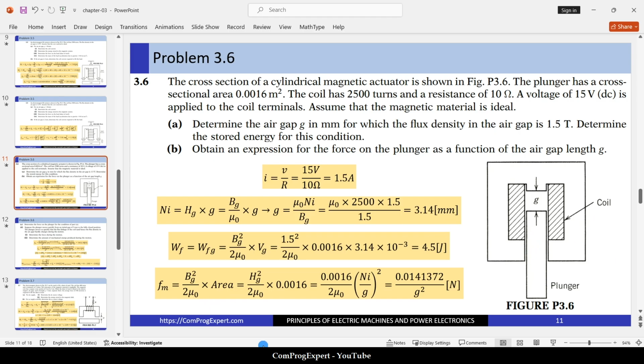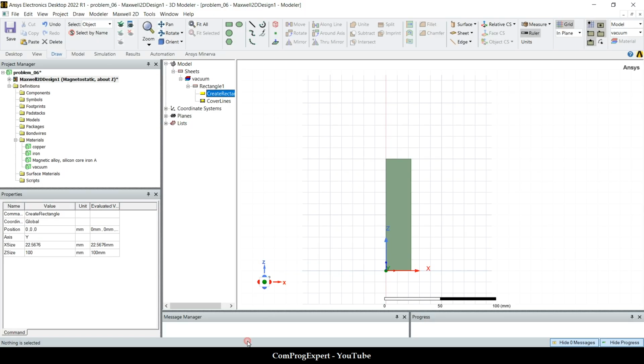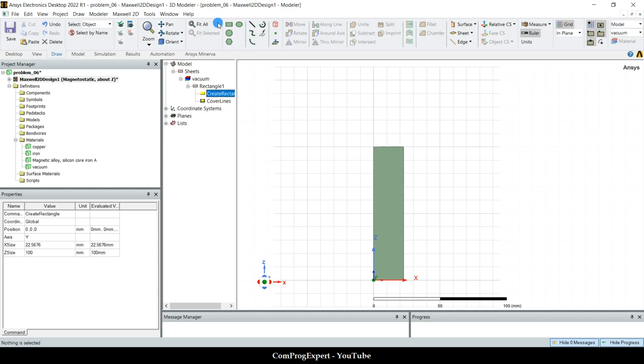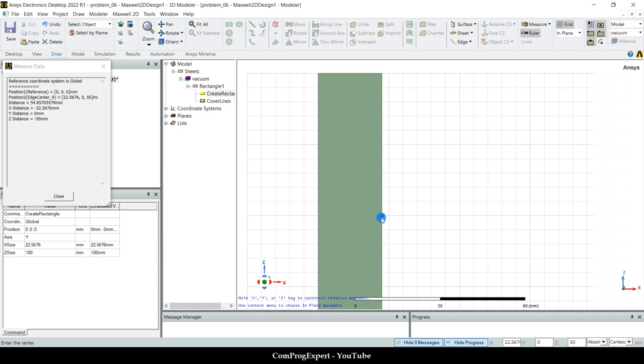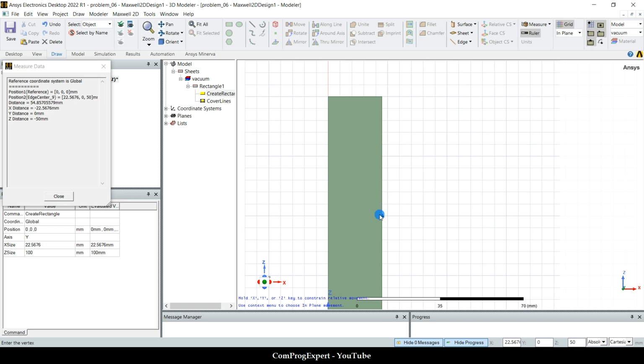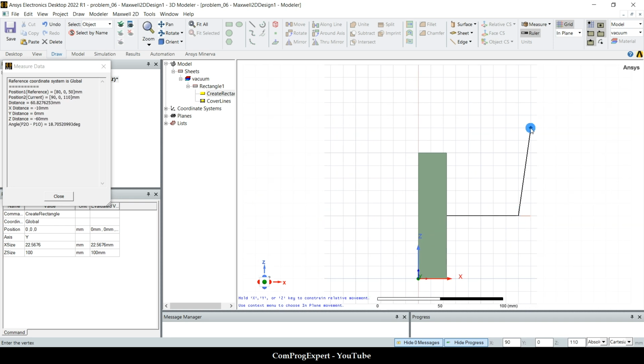For the stationary part, we can draw this. You can consider exact coordinates. Okay, so let me consider this, for example, just arbitrary dimensions.